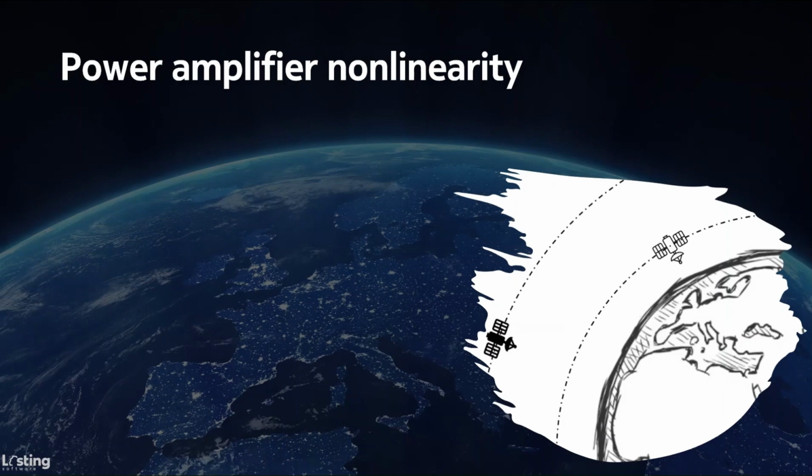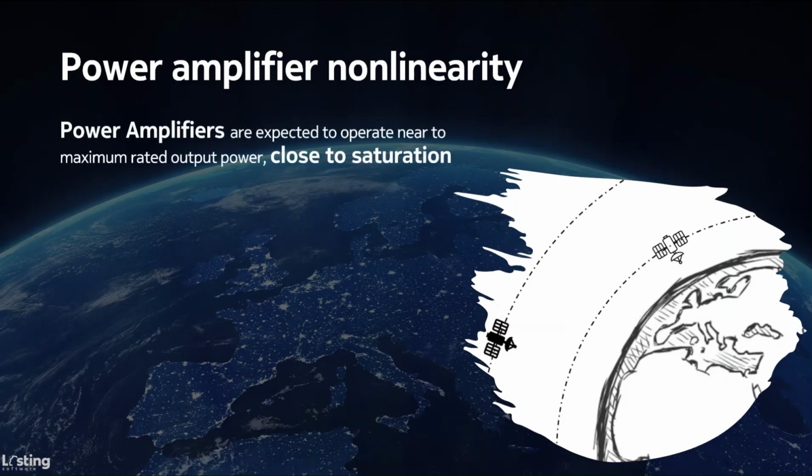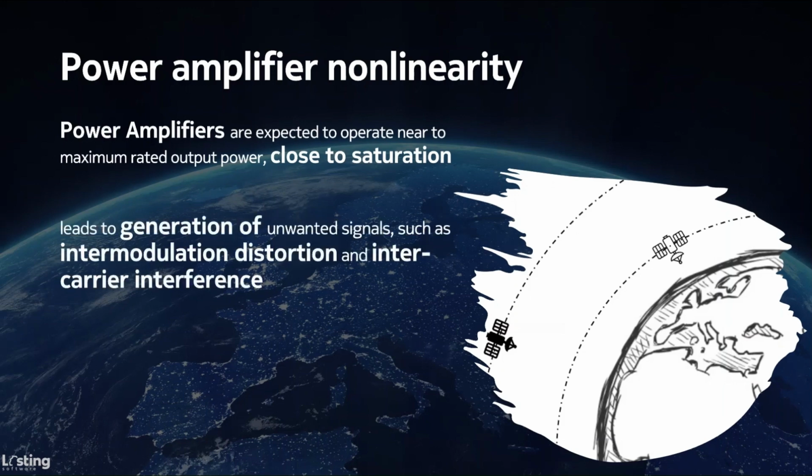As power amplifiers are highly nonlinear in nature, this regime causes generation of unwanted signals like intermodulation distortion and intercarrier interference. PA nonlinearity for traveling wave tube amplifiers and solid-state power amplifiers have been implemented in accordance with the amplitude modulation to amplitude modulation and amplitude modulation to phase modulation characteristics in the PA.